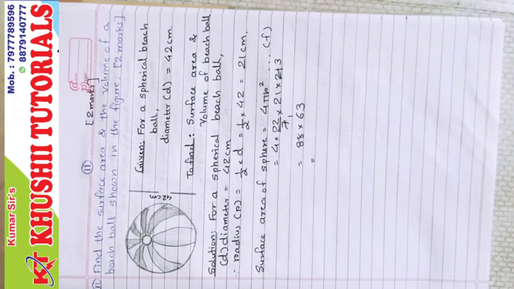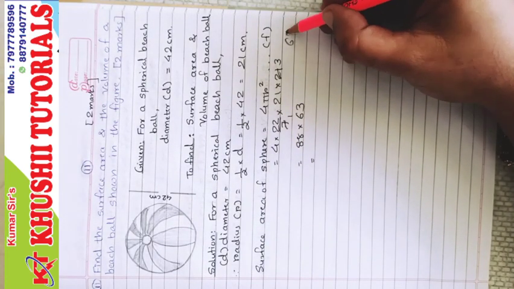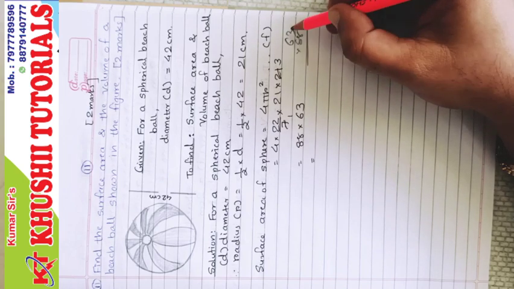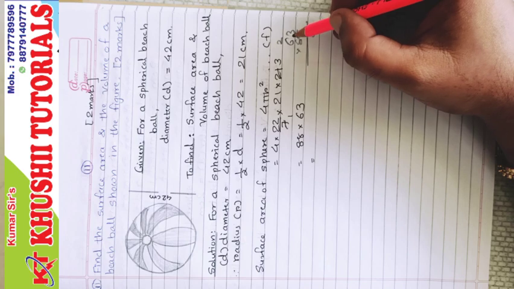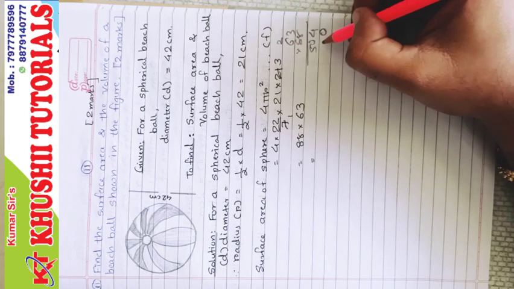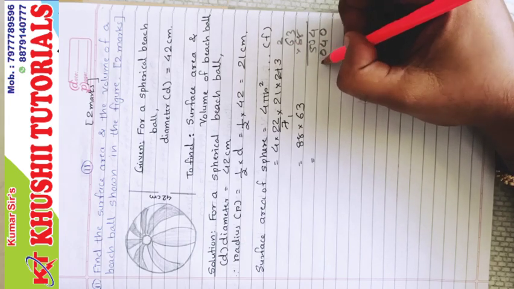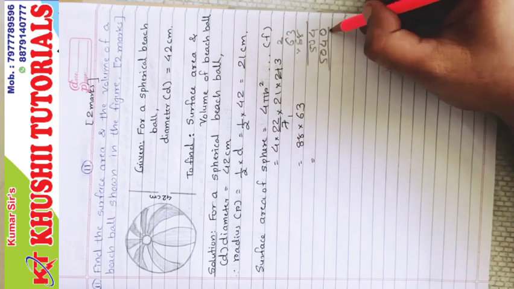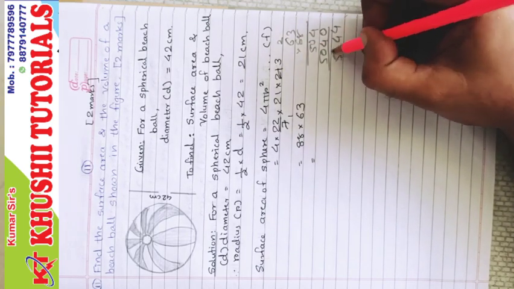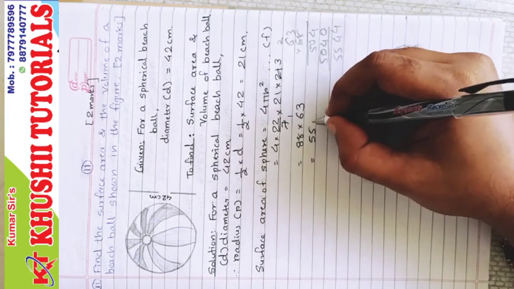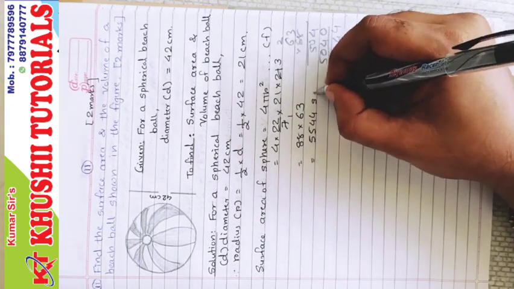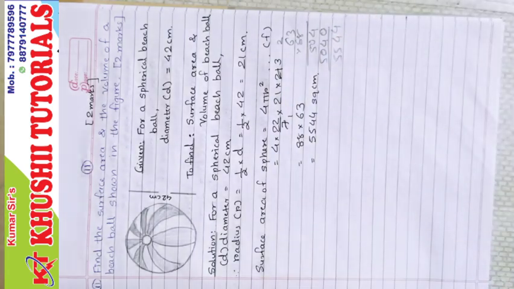So we'll multiply 88 and 63. So 63 into 88. 8 threes are 24, 8 sixes are 48, 50, 504. So answer is 5544 square centimeter. So this is the surface area of beach ball.